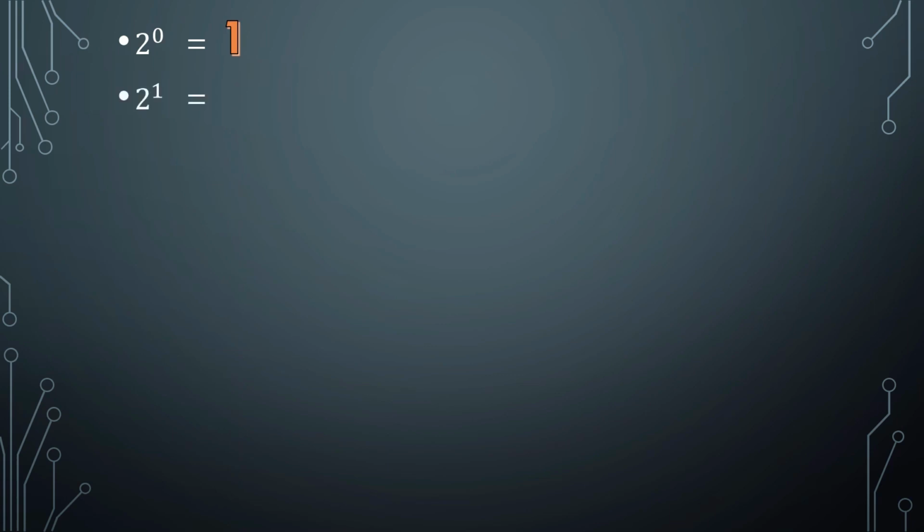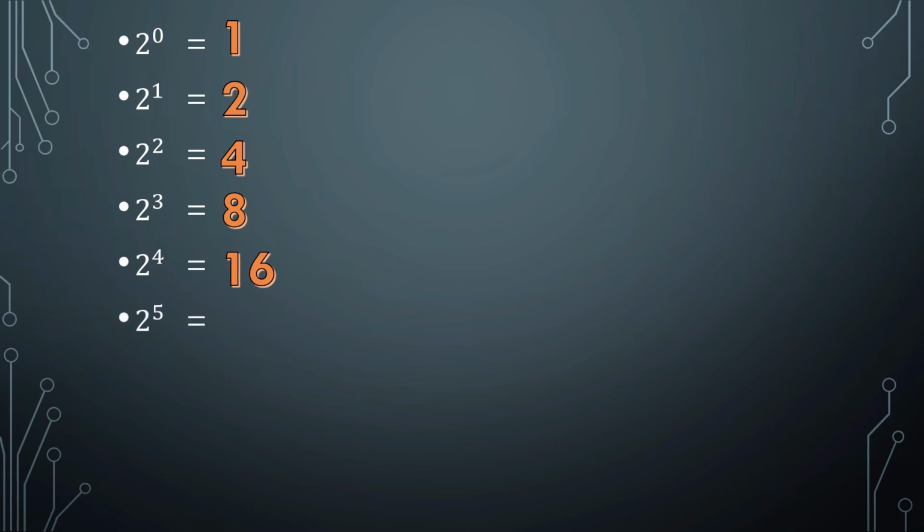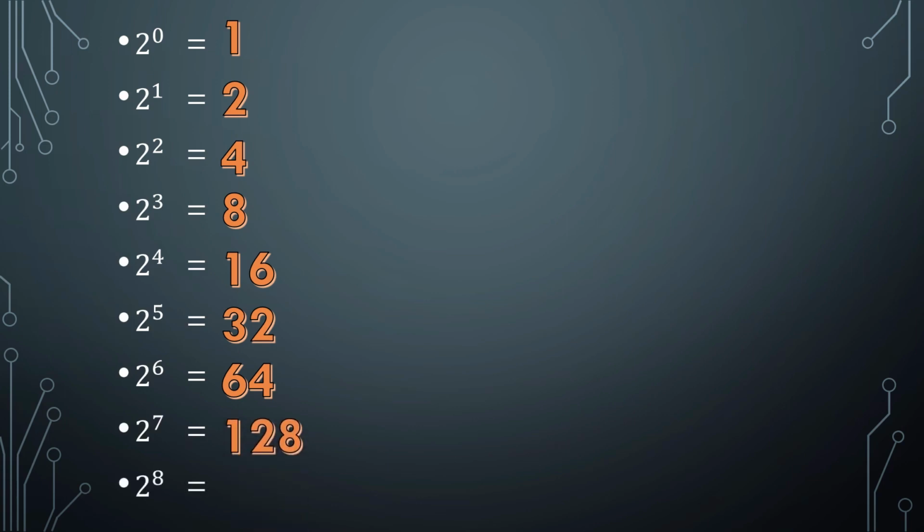And 2 raised to 1 is equal to 2. 2 raised to 2 is equal to 4. 2 raised to 3 is equal to 8. 2 raised to 4 is equal to 16. 2 raised to 5 is equal to 32. 2 raised to 6 is equal to 64. 2 raised to 7 is equal to 128. And 2 raised to 8 is equal to 256.